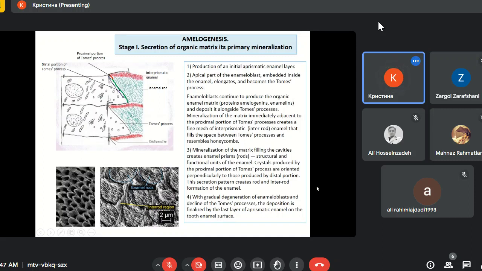So crystals produced by the proximal portion of the Tomes processes are oriented perpendicularly to those produced by the distal portion of the Tomes process. So in the interrod and rod regions we have different orientation of the crystals.